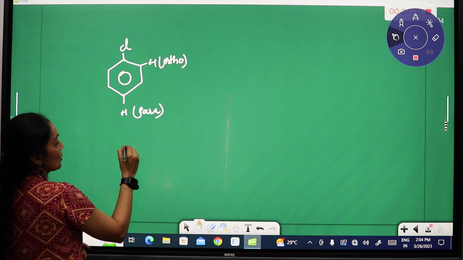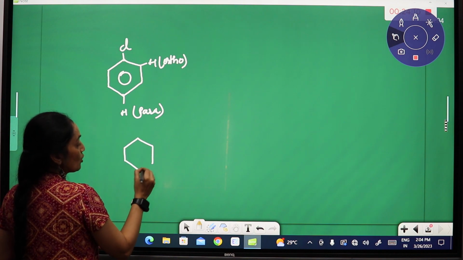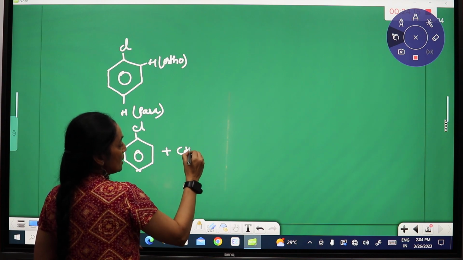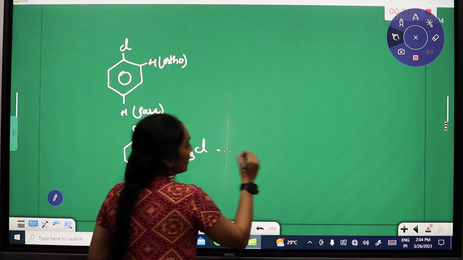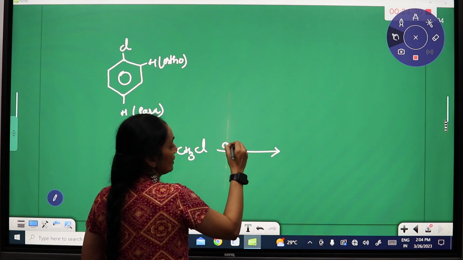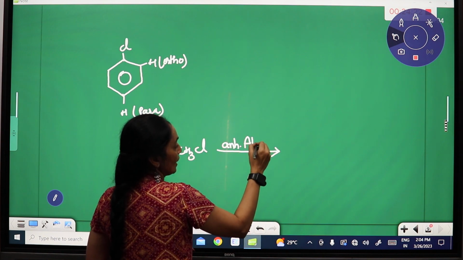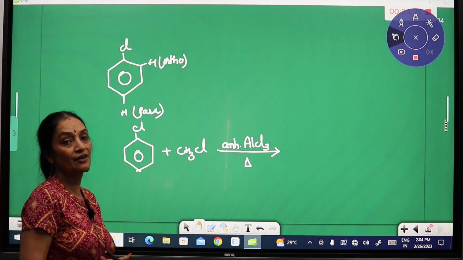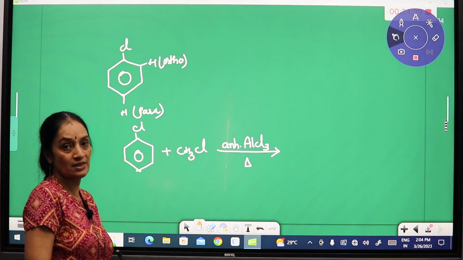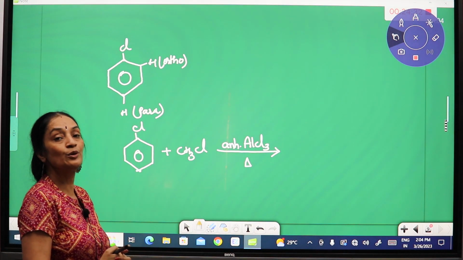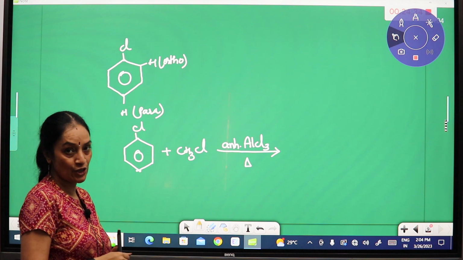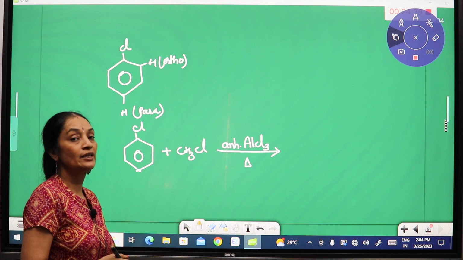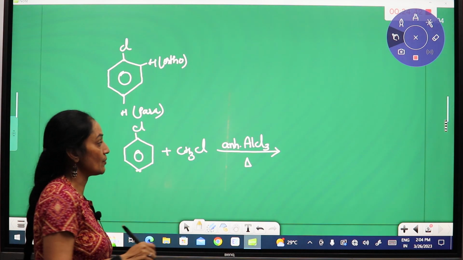We will start with the reaction. We are going to take chlorobenzene and treat this with CH3Cl in presence of anhydrous aluminum chloride, AlCl3. You are very much aware of this reaction, Friedel-Crafts alkylation, which you have studied even in your 11th standard. If you are using CH3Cl, it is an alkyl halide, so we call it Friedel-Crafts alkylation.